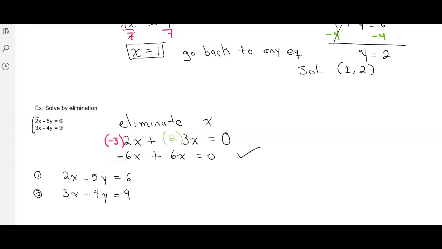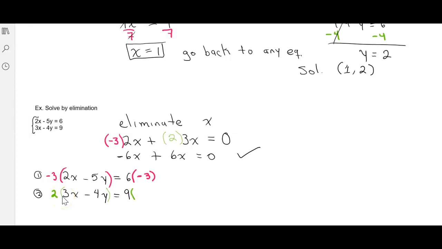My first equation, I said that I wanted to multiply it by -3. So here, everything gets multiplied by -3 on this side, and whatever we do on the left side, we have to do to the right side. Also, on my second equation, we want to multiply by +2.